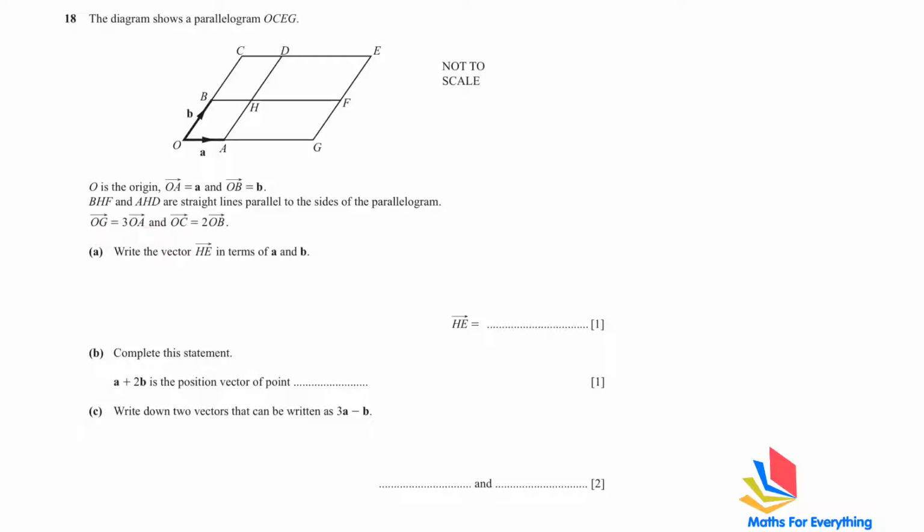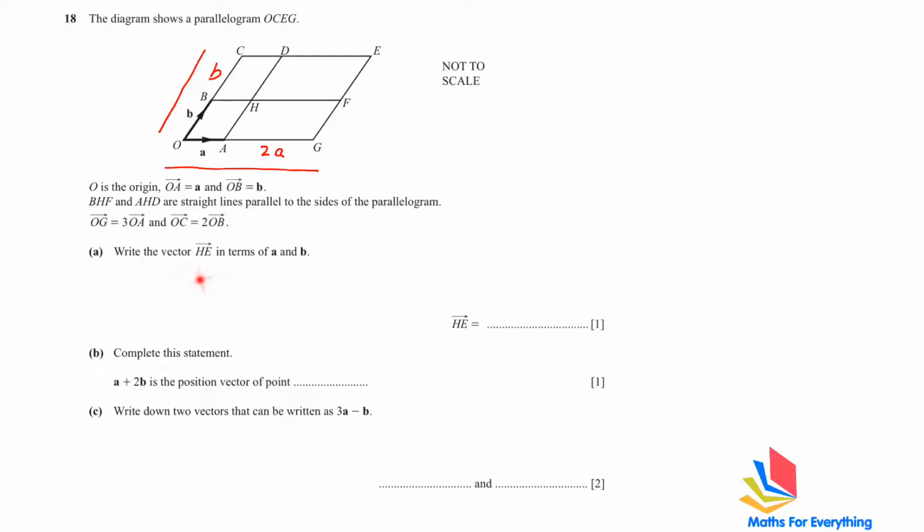OG is equal to 3OA. So OG is 3 times OA. It means that AG will be 2A. And OC is 2 times OB. So the whole OC is 2B. Therefore, this will be B and this will be B.